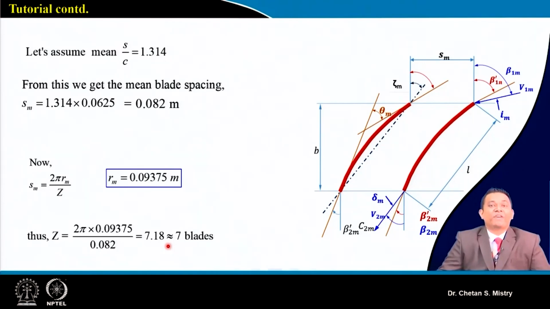For ventilation fans, the number of blades will be in the range of 3, 5, 7, sometimes they go for 9. So you can understand this is what we need to keep in mind. Here you can assume the number of blades to be 5, do your calculation for pitch, and accordingly go ahead. That is also one of the possibilities.